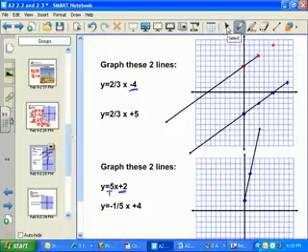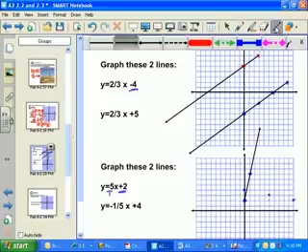Okay, the other line was y-intercept of 4. And that was a slope of negative 1/5, so it's down 1 over 1, 2, 3, 4, 5. Down 1, 1, 2, 3, 4, 5. Okay. So you can probably see this already.